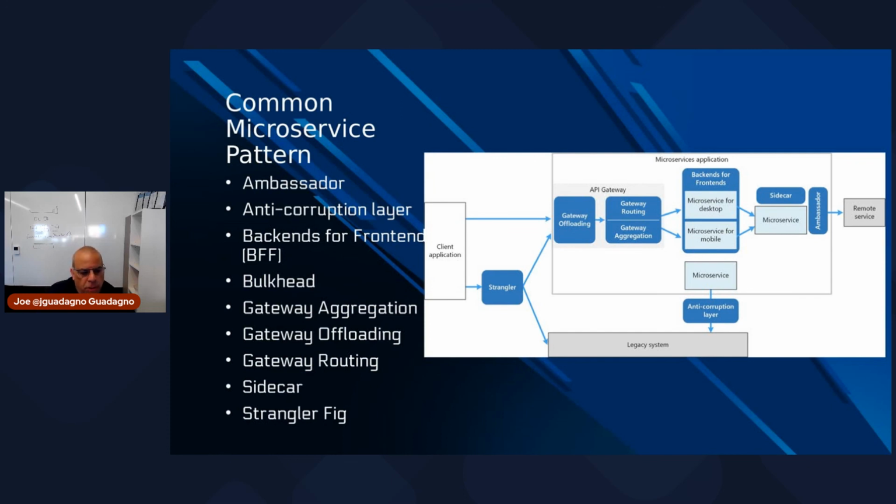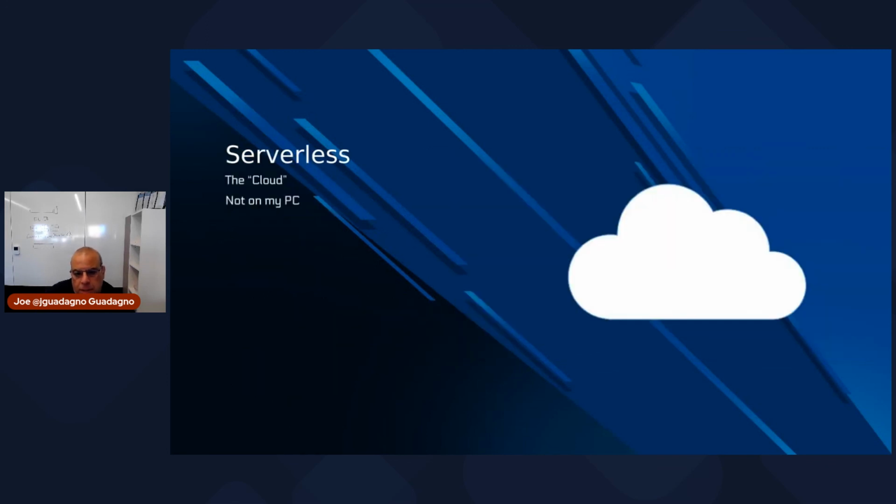This pattern also lends itself to the common serverless pattern, or the cloud, or, better yet, not on my PC pattern. The reason why this is a pattern and not like software as a service is because this is a chosen way to implement things. Like I was mentioning with CQRS, you can choose to implement things yourself. You can also choose to use a third party to implement them, like Azure, AWS.